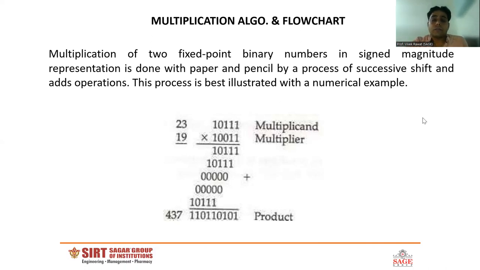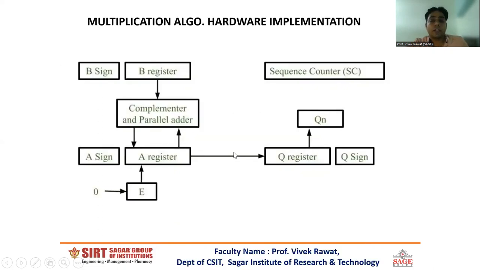We need to calculate this multiplication in the form of bits. This work is done by the ALU. So before this multiplication, we need to know about the hardware implementation of the multiplication algorithm.